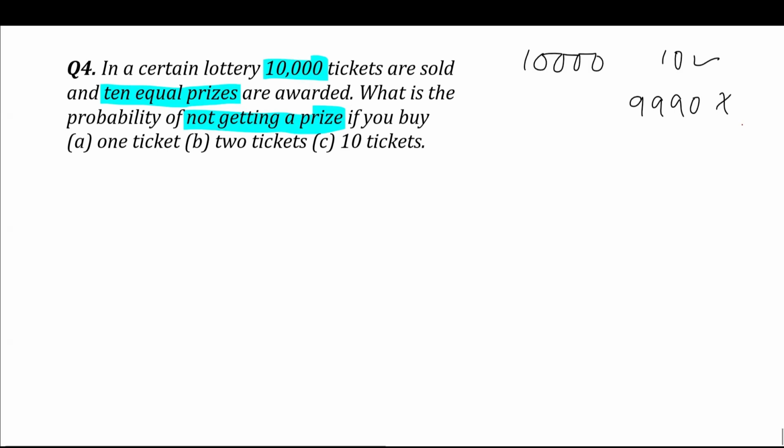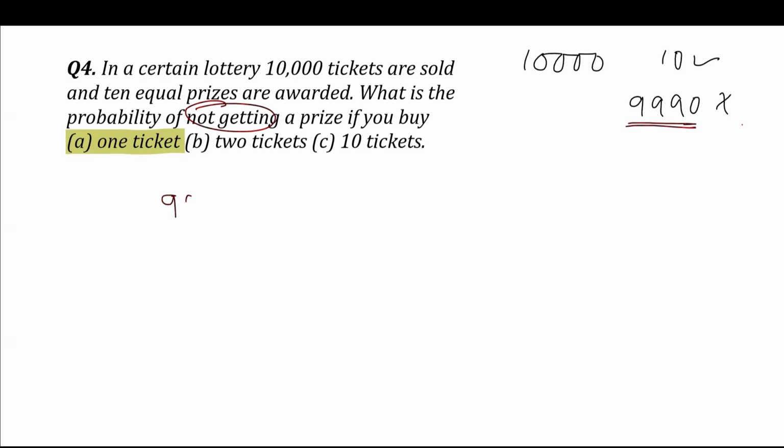Now in the first part, what we have to find is not getting a prize when you buy 1 ticket. So the total possible ways of buying a ticket without getting a prize has to be among these 9990.